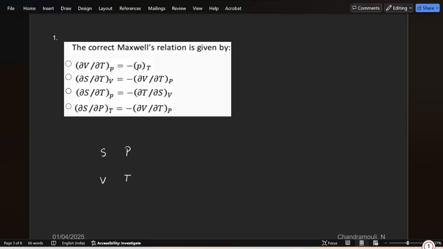All right. So now what are we seeing here? There are two things with S and T as the variables. S and T are far away, so we cannot use them. V and T are nearby, so we can use them. Let's first consider V and T at constant pressure.